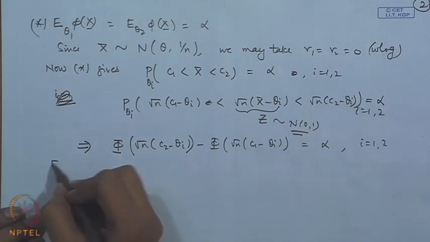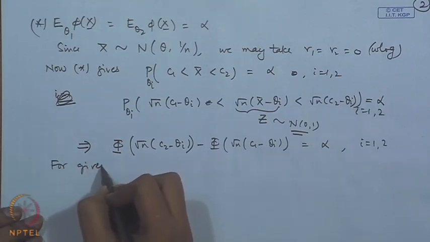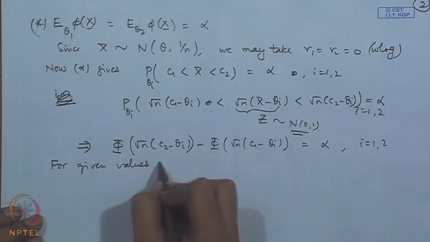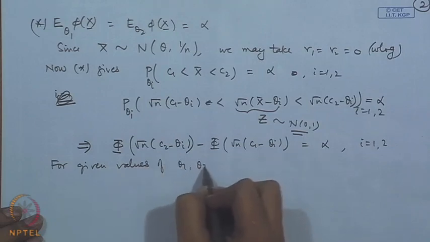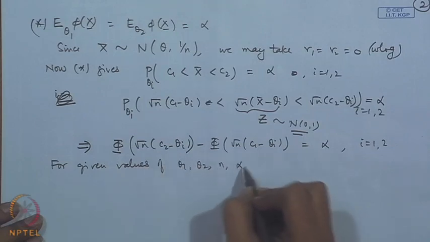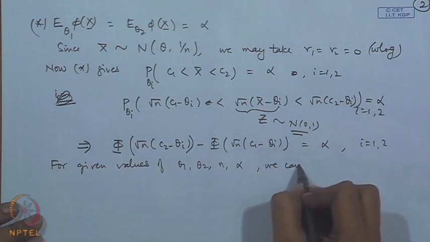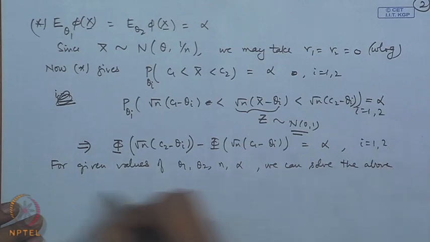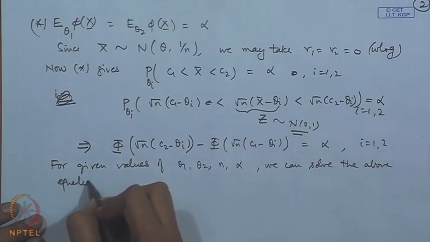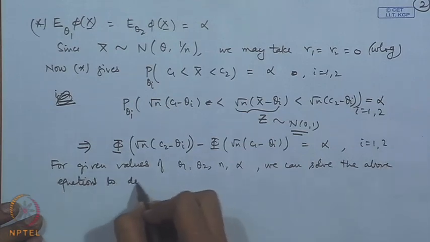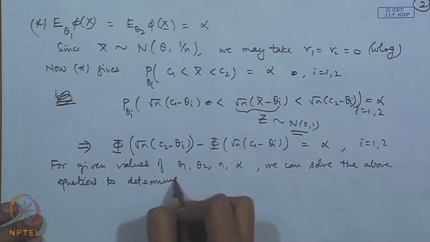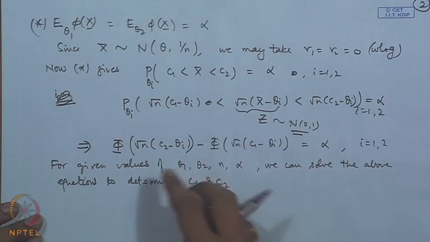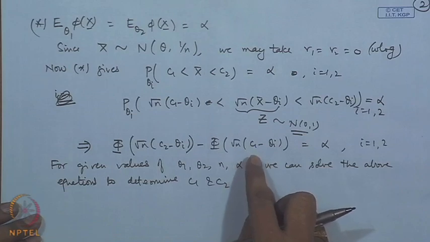So, for given values of theta 1, theta 2, n, alpha, we can solve the above equations to determine C1 and C2, and of course, these will be numerical solutions.